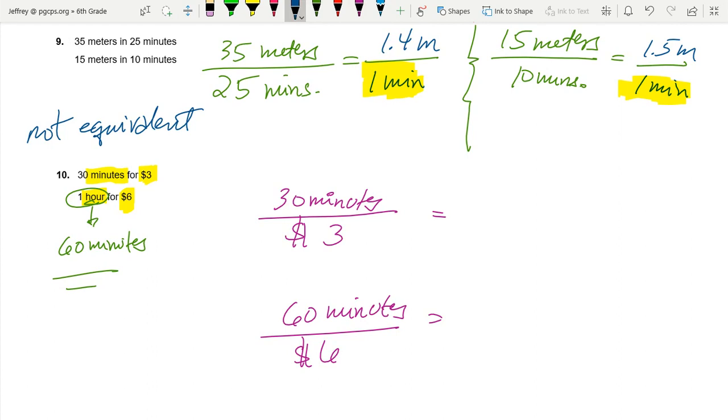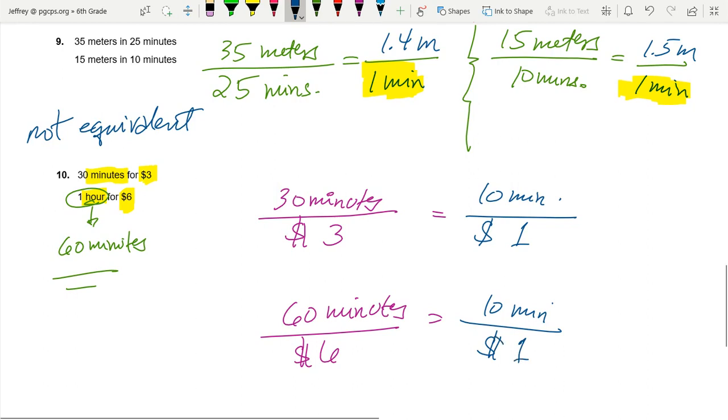So if we divide 30 minutes by 3, you will get 10 minutes for every dollar, right? Now in here, 60 minutes divided by 6, that means 10 minutes for every dollar.